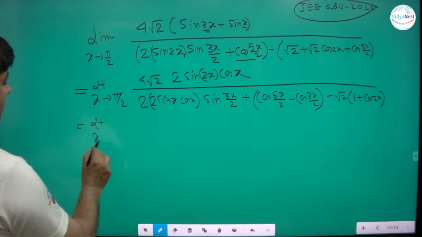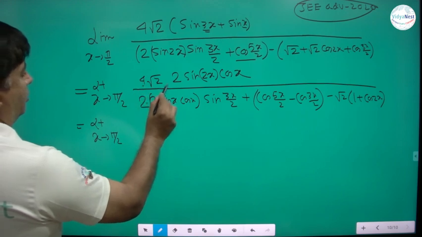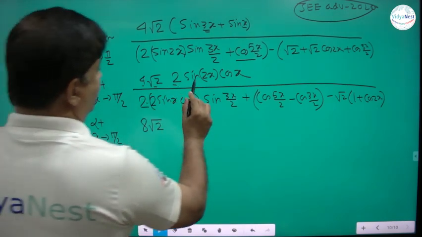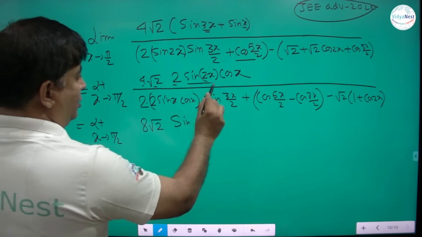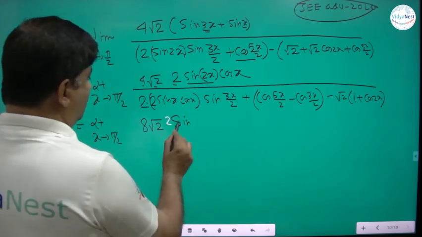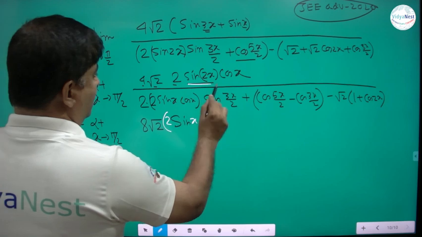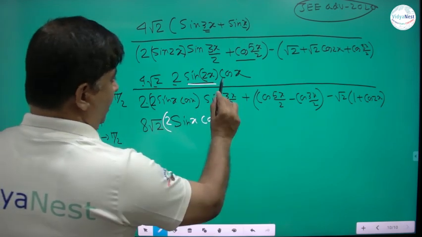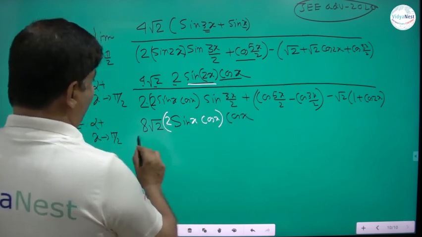Limit x tends to pi by 2, 4 root 2 into 2, 8 root 2, sin 2x. That sin 2x is to be split into 2 sin x cos x again, and the other cos x which is appended with that is kept like that.